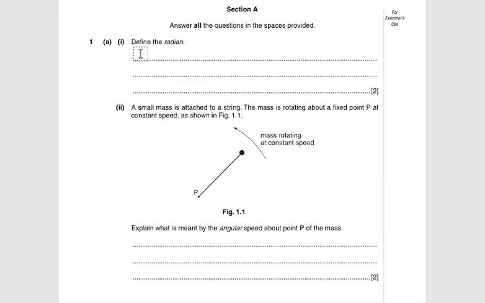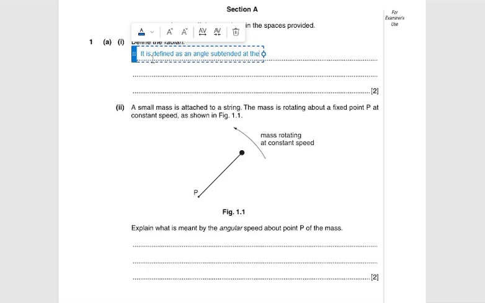You just need to write it is defined as an angle subtended at the center of the circle. You will get 1 mark for this when arc length is equal to radius. You will get the second mark for this.